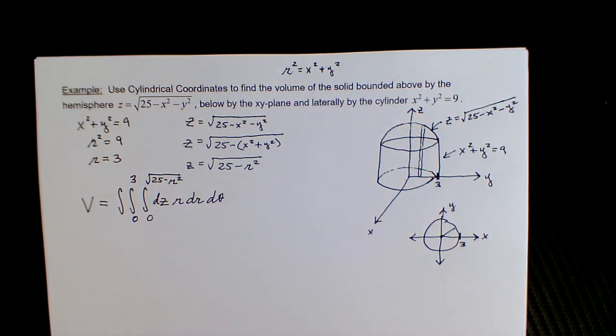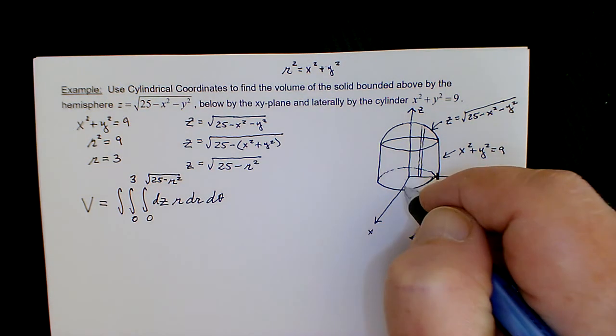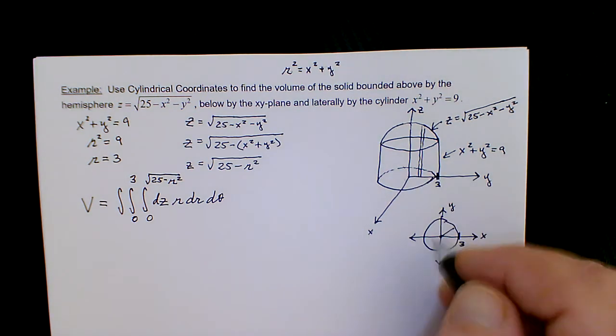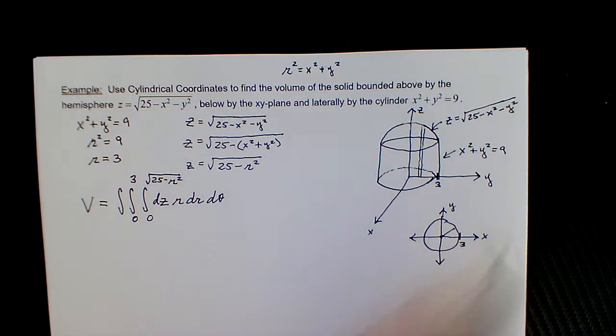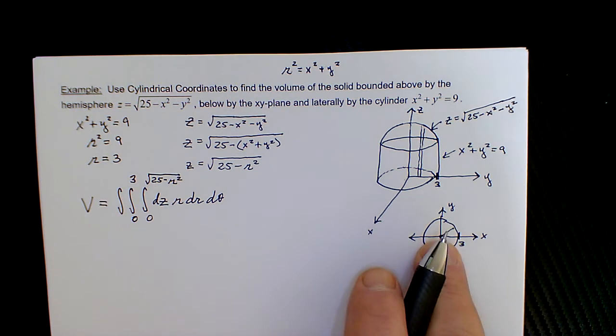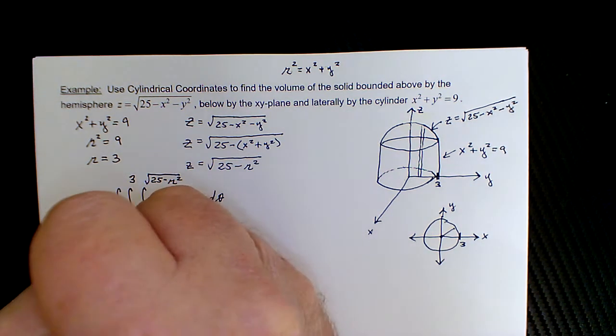And then finally, theta is off the x-axis, remember, and you're basically spinning the entire way around the z-axis. You can see that from the base as well. So keep in mind, if this was a half of this type of object, say the front half, then it would be 0 to just pi, but because it's the whole thing, 0 to 2 pi.